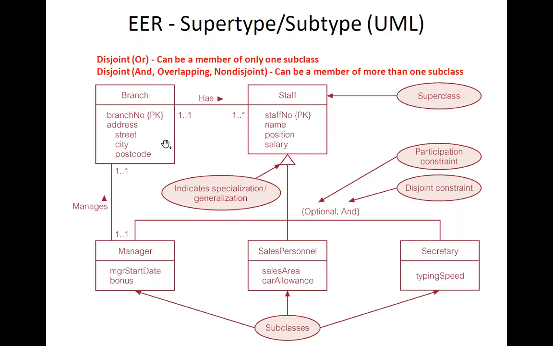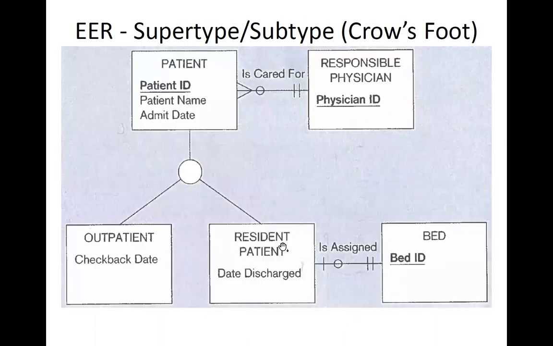We also have a regular entity, the entity that might be included in the original entity relationship diagram. Supertype, subtypes, and then we have other regular entities. Any question?